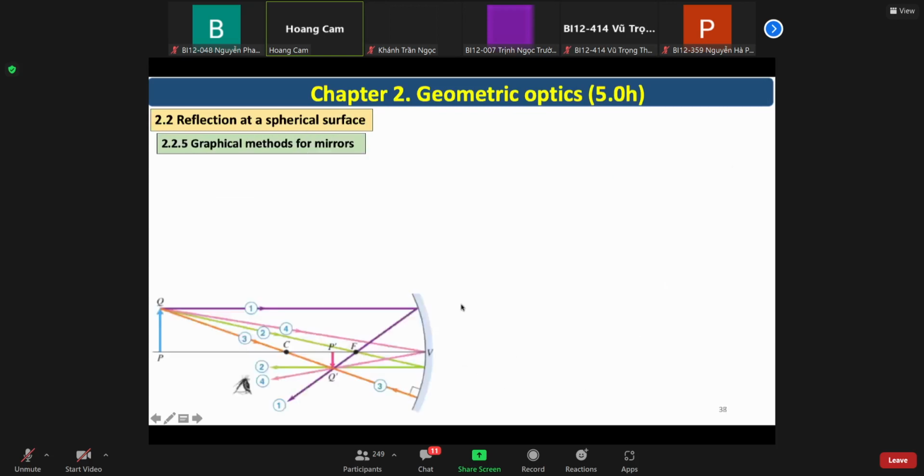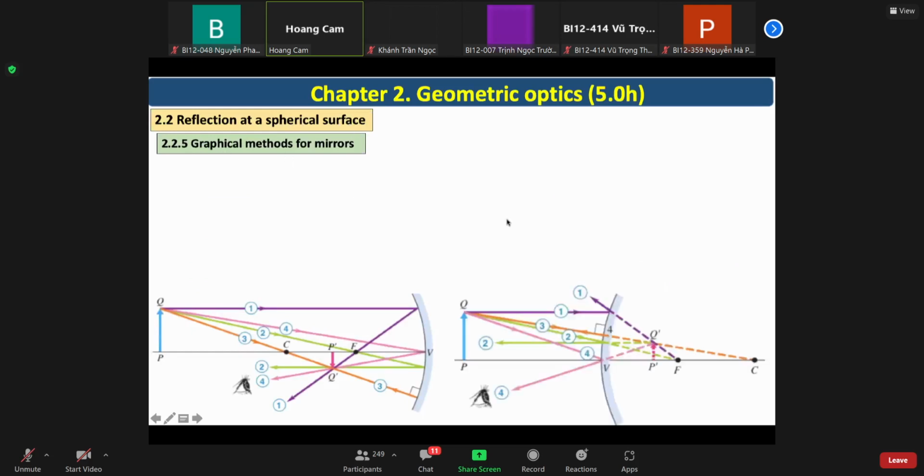In general, for the two cases of spherical mirrors, we will use the graphical methods in order to draw easily the rays of light, and in order to find the image. So we have the object PQ here in front of the spherical mirror. Here is a concave mirror, and here is the convex mirror.